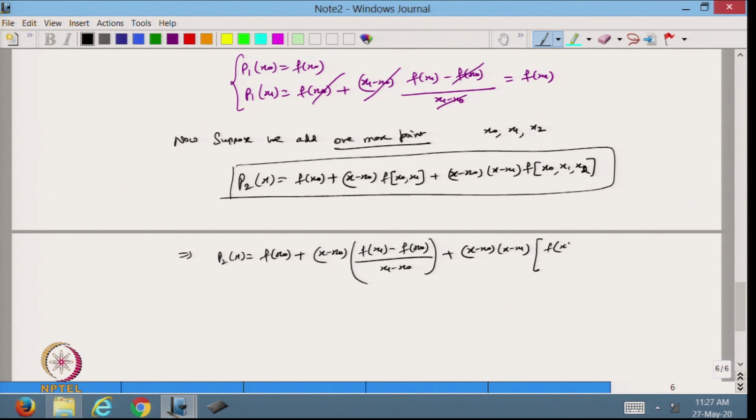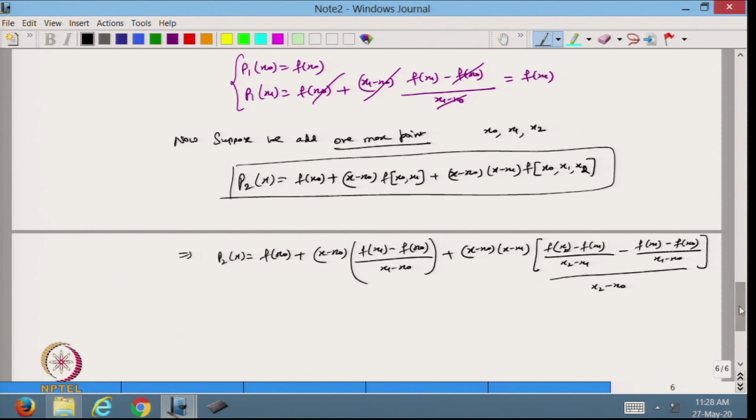So, this will be f of x2 minus f of x1 divided by x2 minus x1, minus f of x1 minus f of x0 divided by x1 minus x0, and then this will be divided by x2 minus x0.